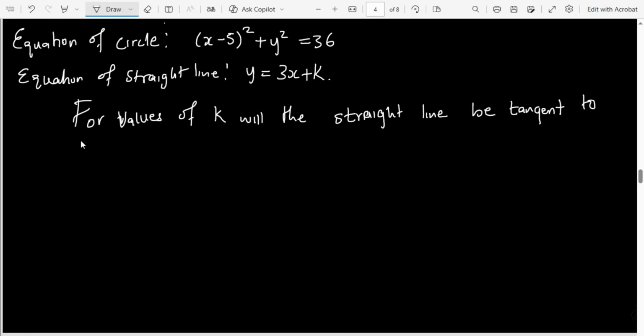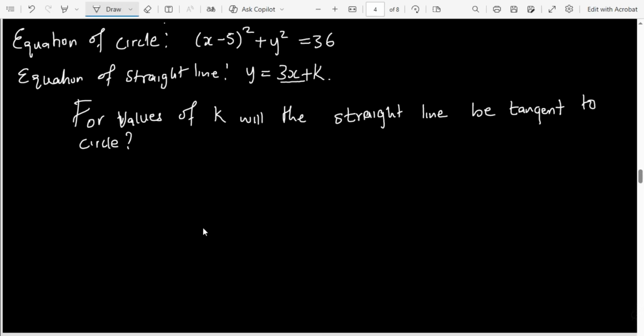I need you to be very smart on this question. Look at this. Already we know that y is equal to 3x plus k. Because I see that k, I can say that this has to do with what? This has to do with the nature of the root.